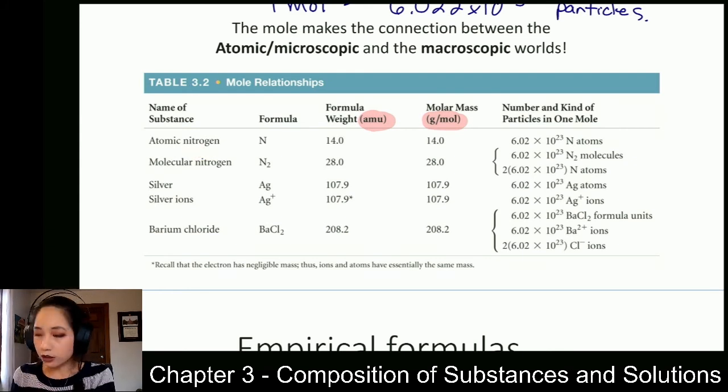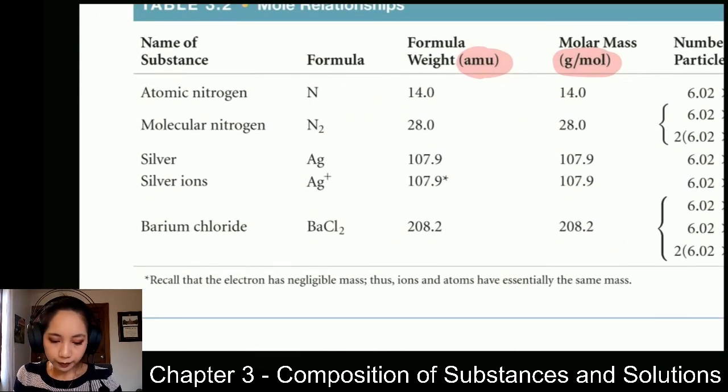All right, and I'll take a note here. If you look at silver, the formula for silver, it's an element. The formula weight straight off of the periodic table is 107.9 AMU, and its molar mass is 107.9 grams per 1 mole of silver.